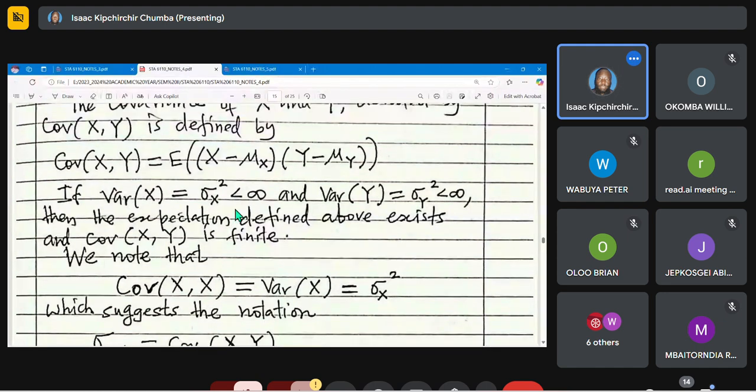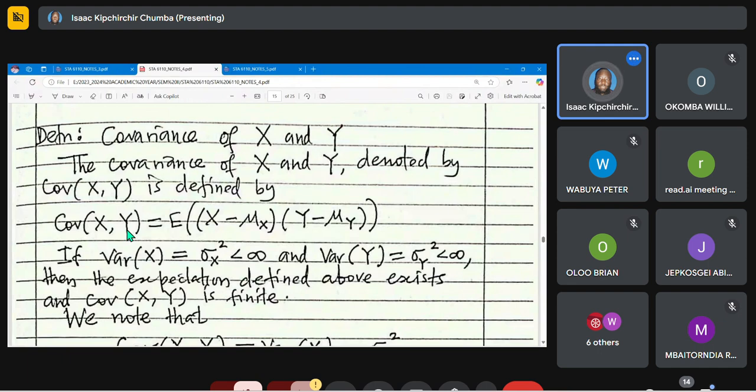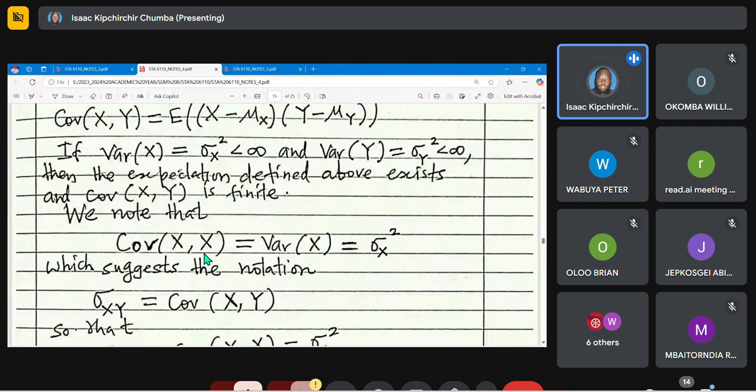Now you can see that if you replace y by x, you'll get COV of X, X. Y will become X, and this mu Y becomes mu X. So I'll be getting here X minus mu X squared, which gives me variance of X, meaning COV of X, X is variance of X, which is actually sigma X squared. Also COV of Y, Y is variance of Y, which is sigma Y squared. This suggests the following notation, because we already have a notation for variance.